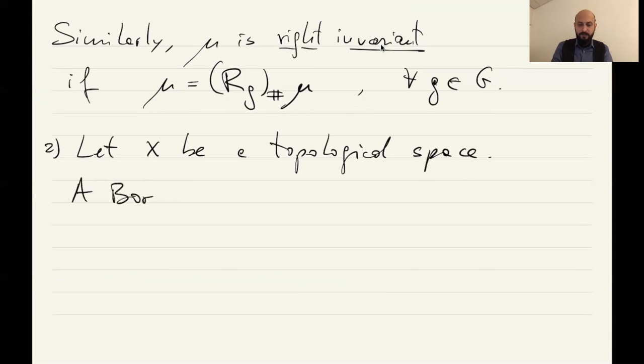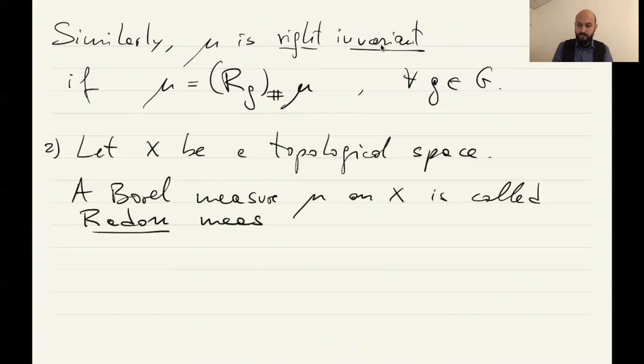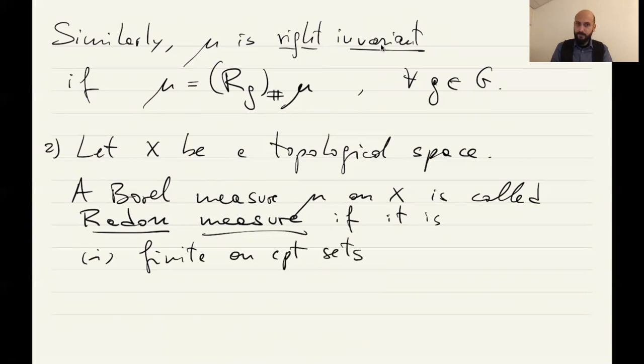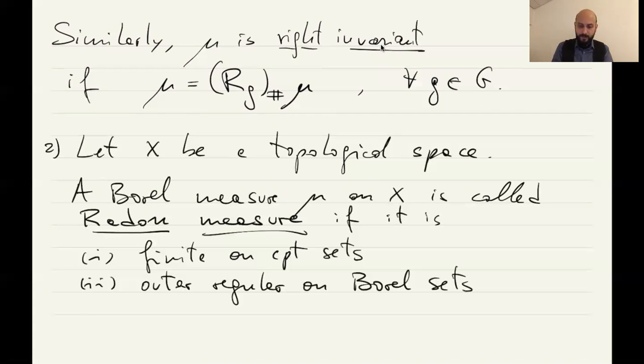And we say that a Borel measure mu on X is called a Radon measure if it is, okay, one, finite on compact sets, two, outer regular on Borel sets, and three, inner regular but just on open sets.